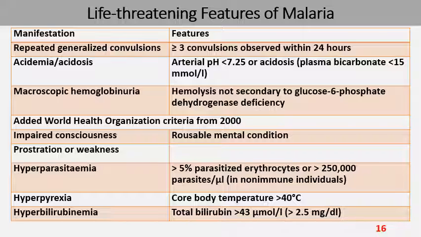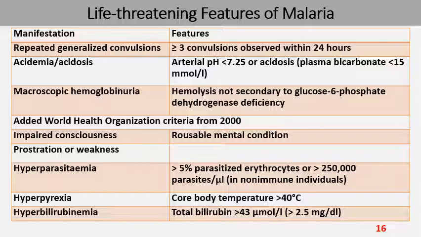After this list, in the year 2000, WHO added some more criteria, and these include impaired consciousness, a rousable mental condition but with alteration in the level of consciousness, and prostration or weakness, which is defined as inability of a child to drink spontaneously or sit upright if the child could previously do so.